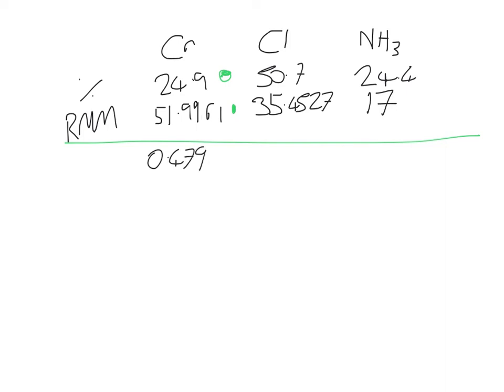We can do the same for chlorine here. We can take 50.7 and divide it by 35.4527, and we get something like 1.430. And we can do it finally for ammonia. We can take 24.4, divide it by that lovely round number 17, and we get 1.435, which I'll save as C.